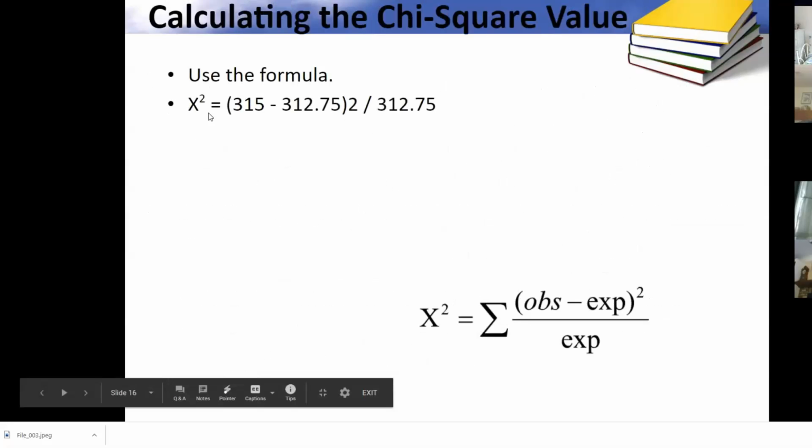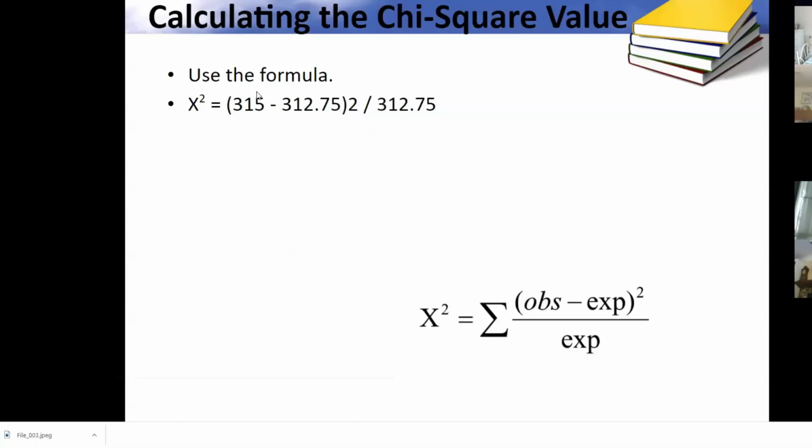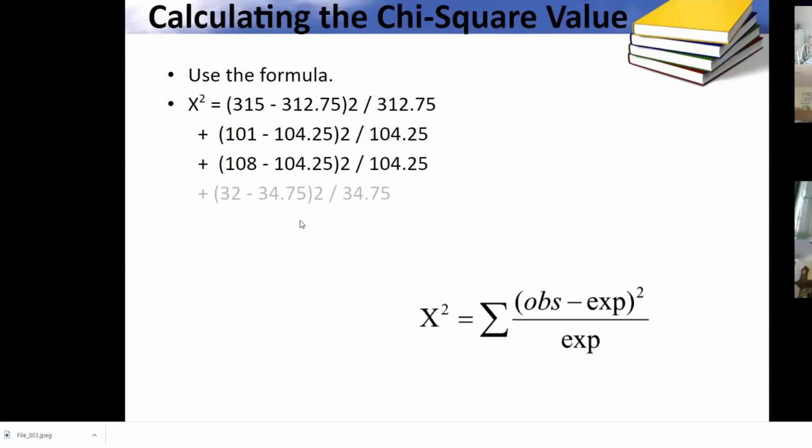So now we plug it into the formula. And we have to do this for each one, right? Because we're going to sum each of those 4 variations. So this is our round yellow, round green, wrinkled yellow, wrinkled green.